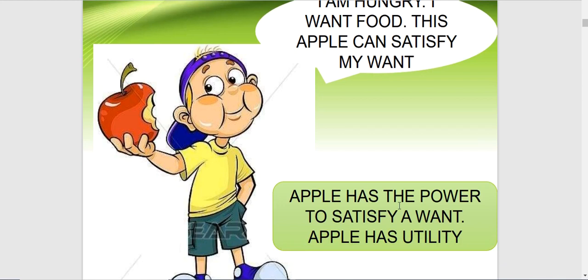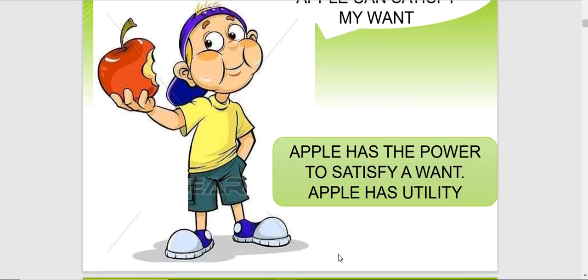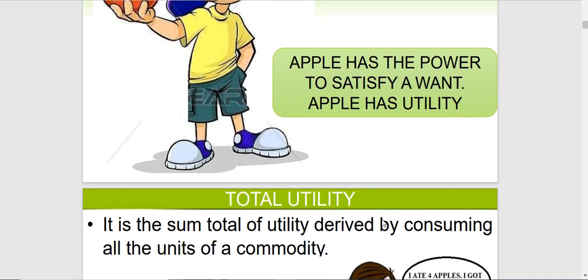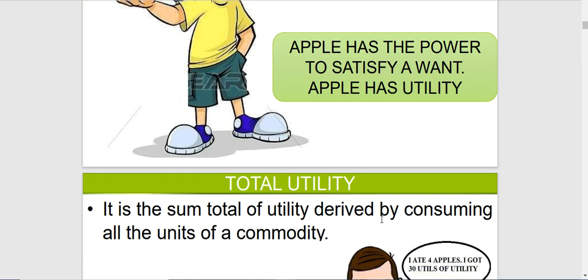So the apple has the power to satisfy a want. The apple has usefulness, and in economics the term usefulness is defined as utility. The apple has utility for this person and he can satisfy his hunger by consuming the apple.